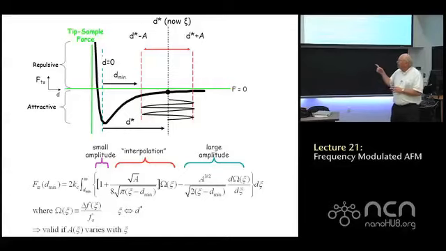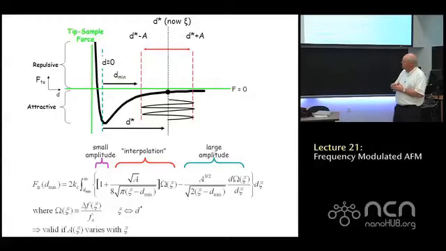And their formula has three terms associated with it. The first term is unity, and it turns out that's just the standard result that you would get for a very small amplitude oscillation. So if the tip amplitude oscillation is very small, then that unity factor is essentially the same factor that I wrote down earlier for small amplitude oscillation. There's another term which is for the large amplitude.